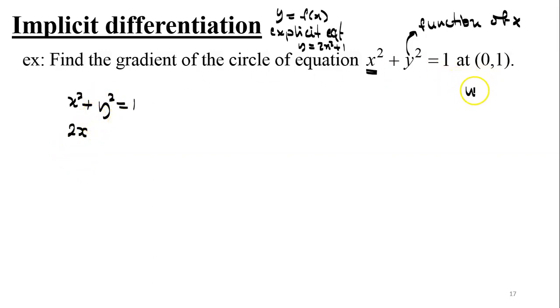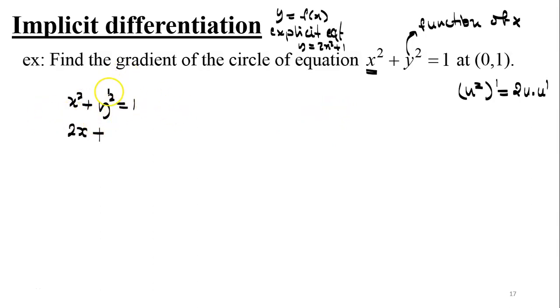We know that if this is in the form u squared, where u is a function of x, then the derivative would still be 2 times u, but we do not forget to multiply by u prime, which is the derivative of u with respect to the variable x. So over here, y squared, we see it exactly as u squared, a function of x squared that I need to find the derivative of.